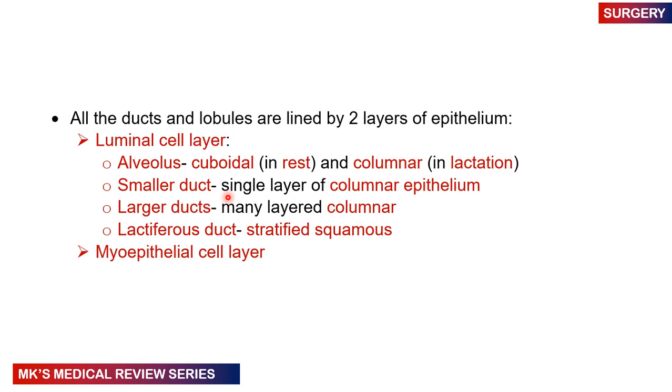The larger ducts consist of many layers of columnar epithelium. Then the lactiferous ducts consist of stratified squamous epithelium. So you have two epithelial layers in each of the segments of the breast, a luminal cell layer and a myoepithelial layer. The myoepithelial layer helps with the contraction and the pushing out of milk.